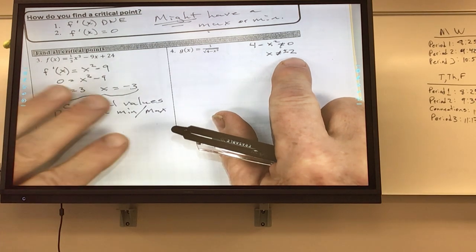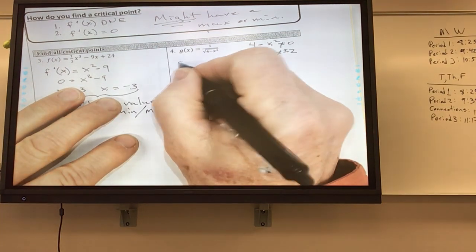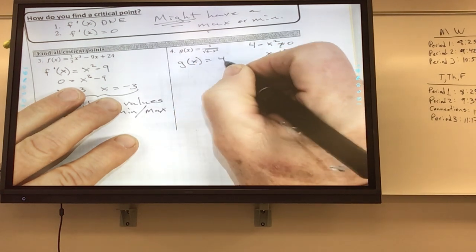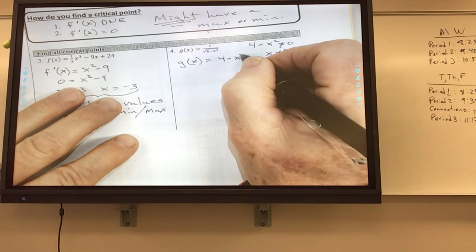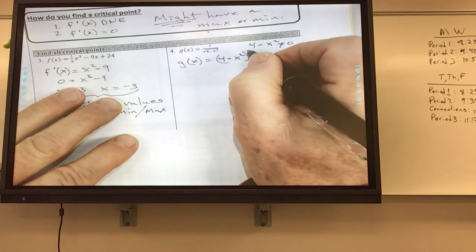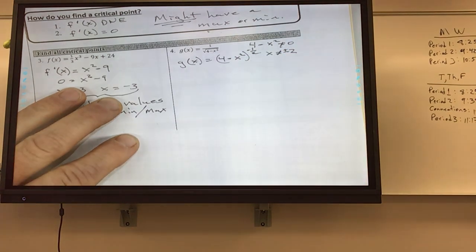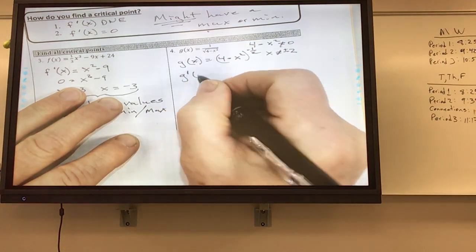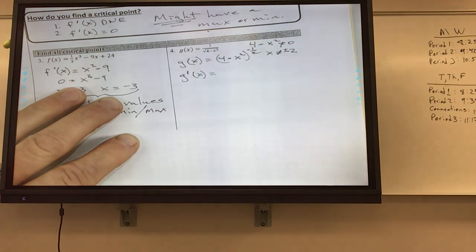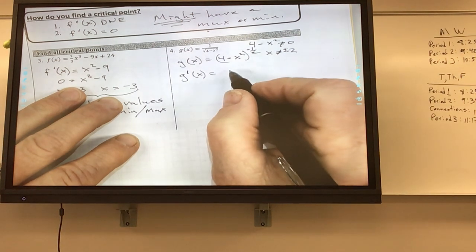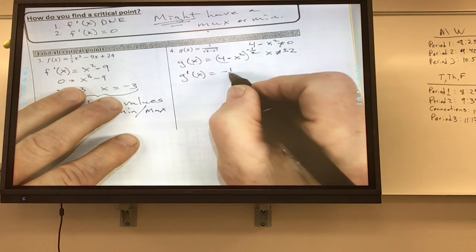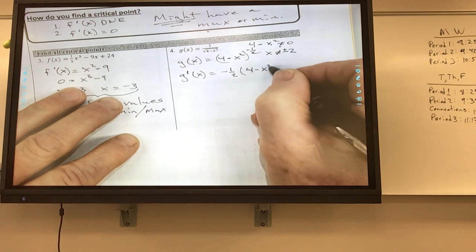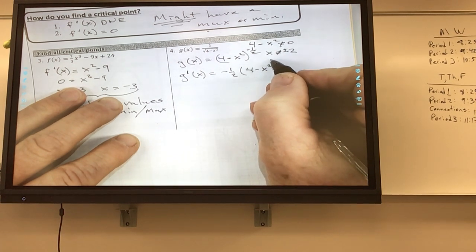So, I still have to take the derivative. And Audrey, you're gonna take the derivative, and I'm gonna rewrite it so it looks like this. Are you okay with that form? Yes. Okay. So, what's the derivative? -1/2. 4 minus x squared to what power now?